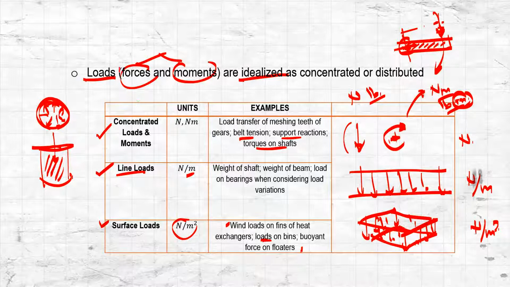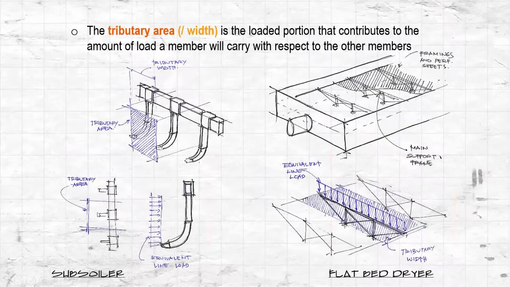Okay, so again, the loads can be idealized as concentrated loads, as line loads, or surface loads. Here I have included the concept of tributary area or tributary width. We have encountered this already in our course in AB structures engineering, but I really think this is helpful when we adopt this concept in mechanical design, because sometimes it simplifies the analysis.